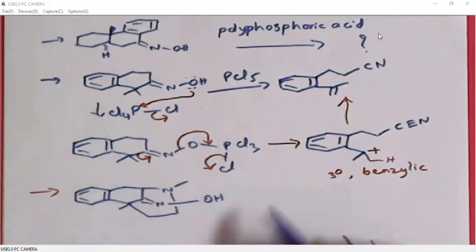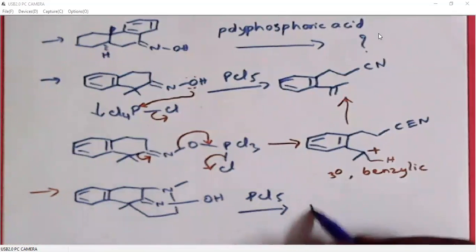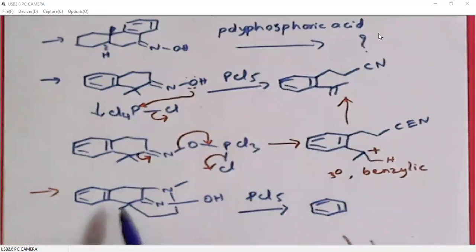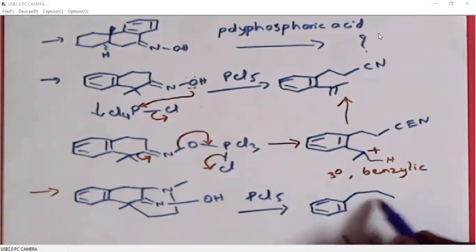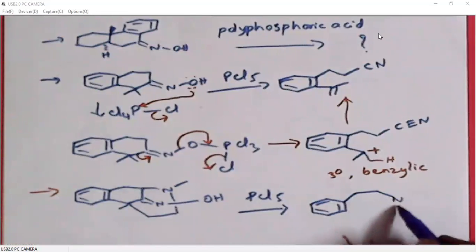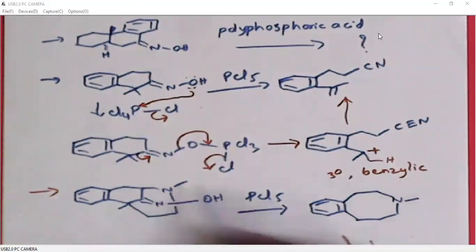When this molecule is again treated with PCl5, it is generating 1, 2, 3, 4, 5, 6, 7, 8. So it is generating an 8-membered ring. We have methyl here.